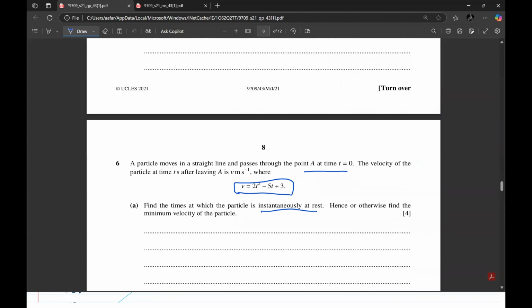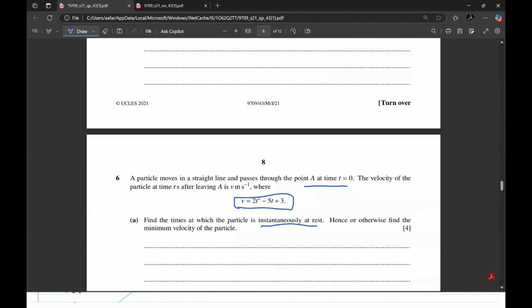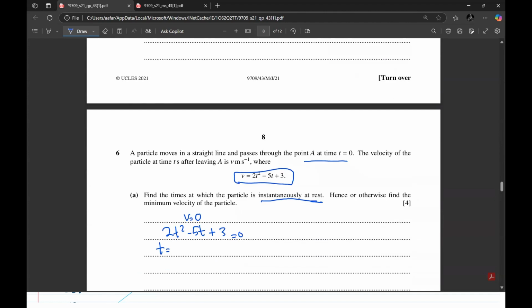Okay. So instantaneously at rest means v is equal to 0. Let's put v equal to 0. 2t square minus 5t plus 3 is equal to 0. Get a quadratic: t is equal to minus b plus minus the square root of b square minus 4ac, over 2a.